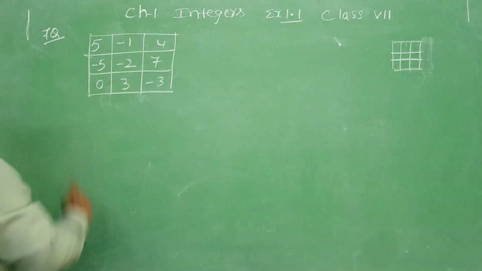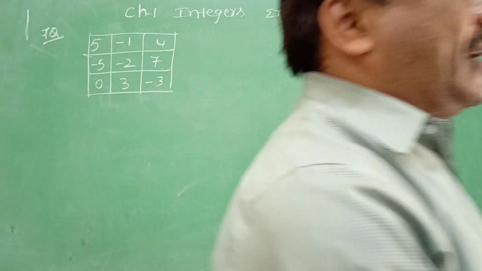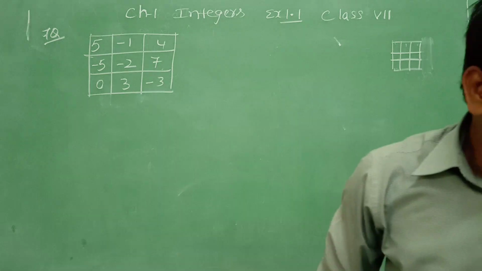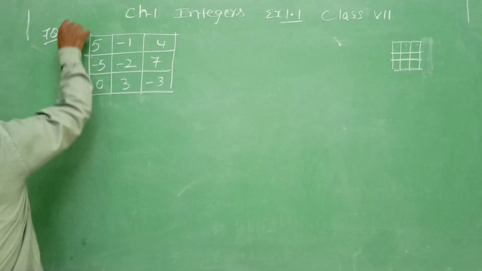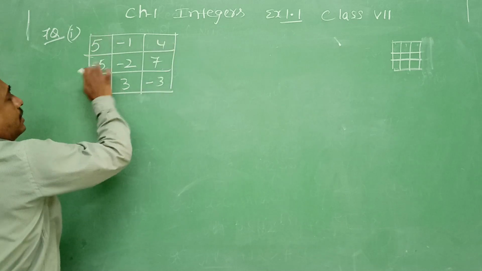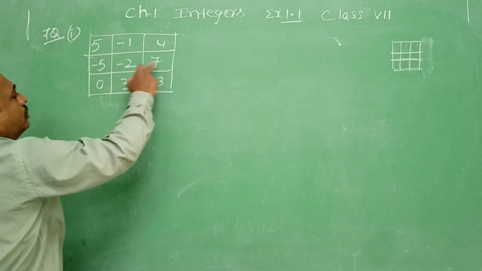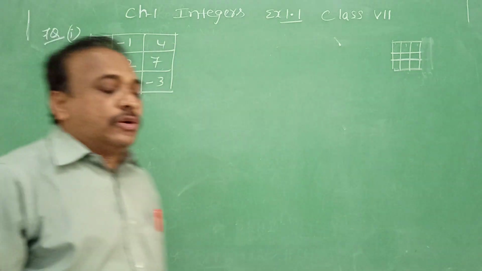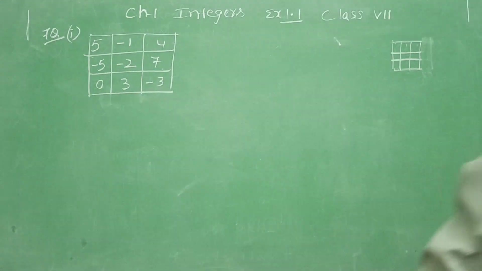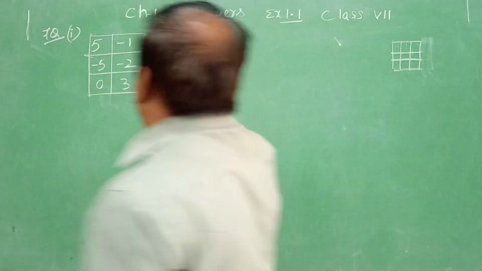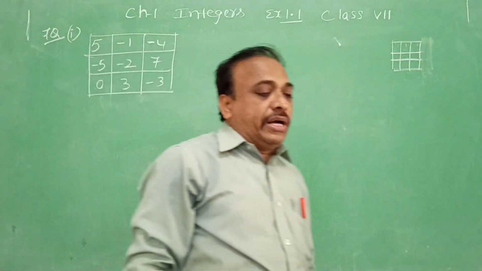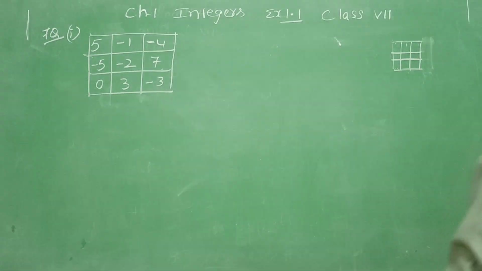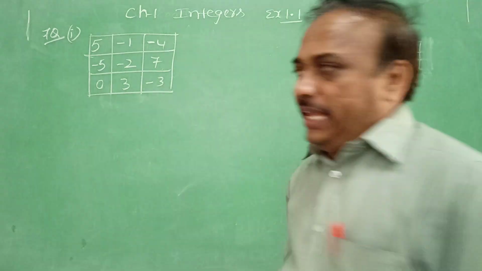We have to verify whether it is a magic square or not. This is the first one. These are row 1, then row 2, row 3. In row 1 we have 5, minus 1, minus 4. Row 2 has minus 5, minus 2 and 7. Row 3 has 0, 3, minus 3.